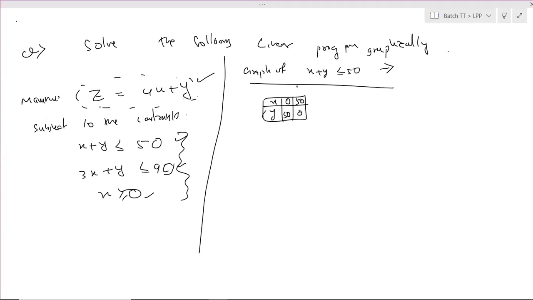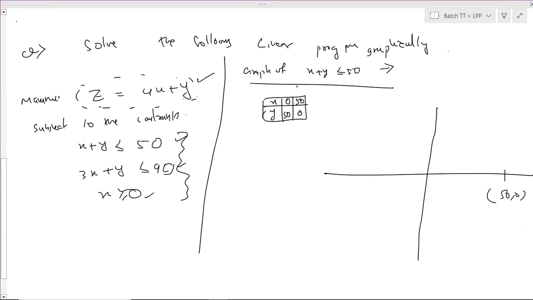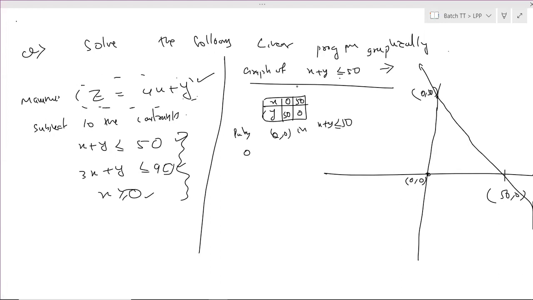So when we draw the graph, these are the points 50, 0 and 0, 50, so the line will pass like this. But this is not done yet because this is an inequality. So always take 0, 0 as the reference point. Putting 0, 0 in x plus y less than or equal to 50 gives 0 plus 0 less than or equal to 50, which is true.